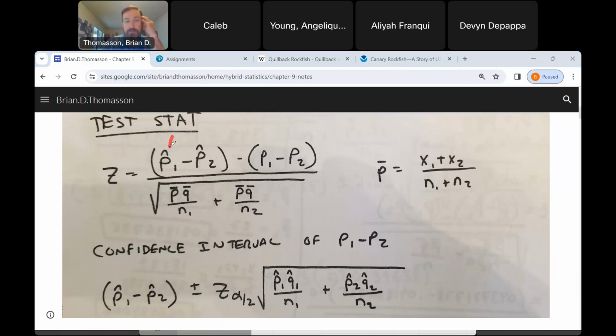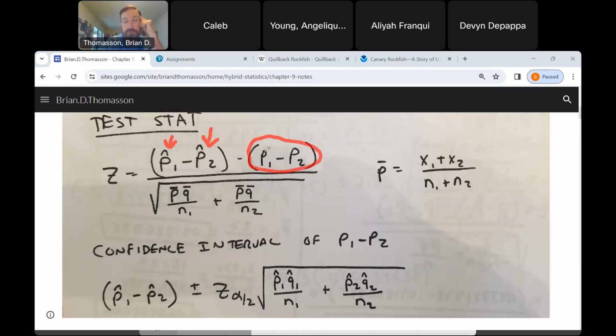We have two sample proportions, p-hat 1 and p-hat 2. In the example I talked about, the percentage of males and females that pass would be our two samples. So maybe p-hat 1 is the proportion of males that pass, and p-hat 2 the proportion of females that pass. We also have p1 and p2, the hypothesized values.